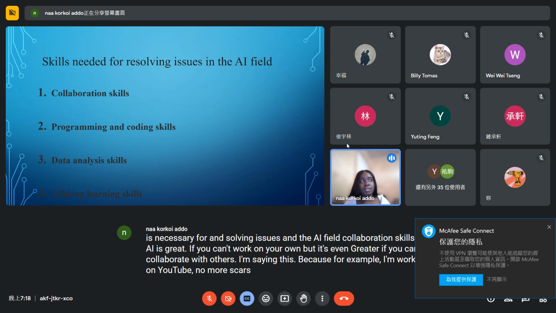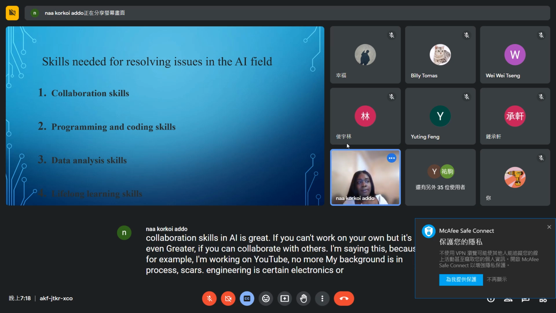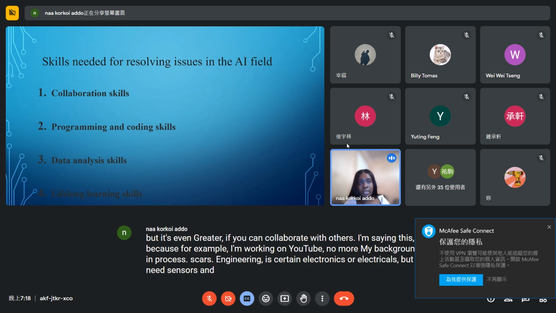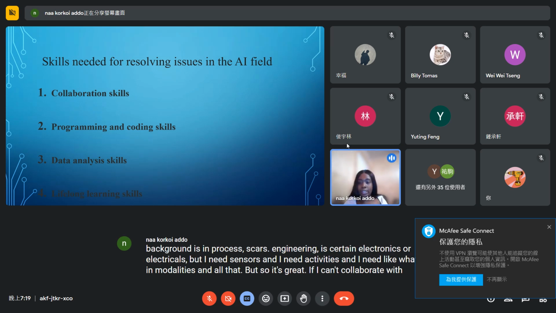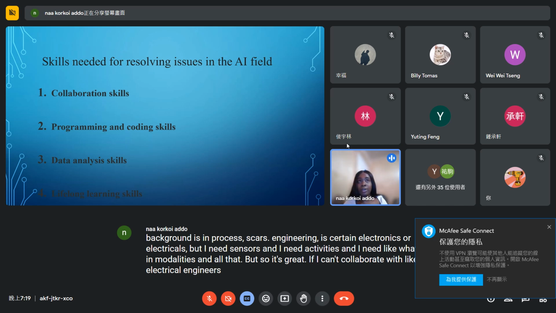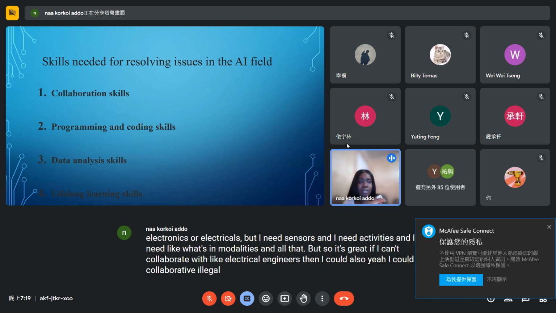My background is in process engineering, it's not in electronics or electricals. But I need sensors and actuators and multimodal sensors and all that. So it's great if I can collaborate with electrical engineers. That's why I put it on top of the list, because collaboration skills are really key.